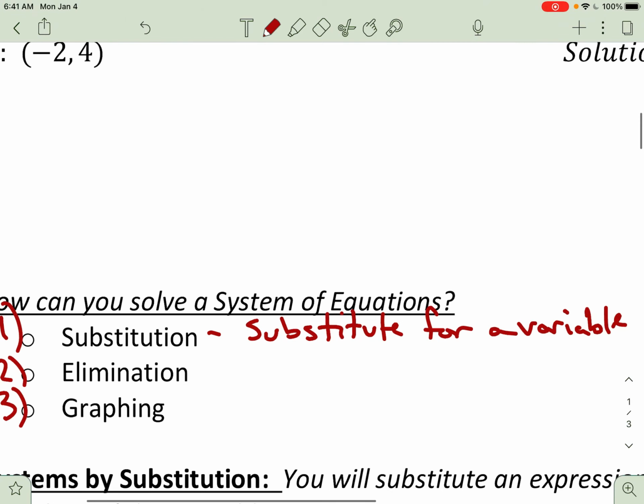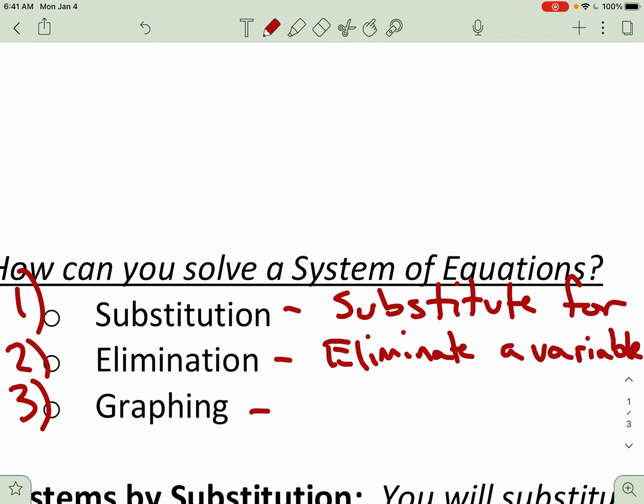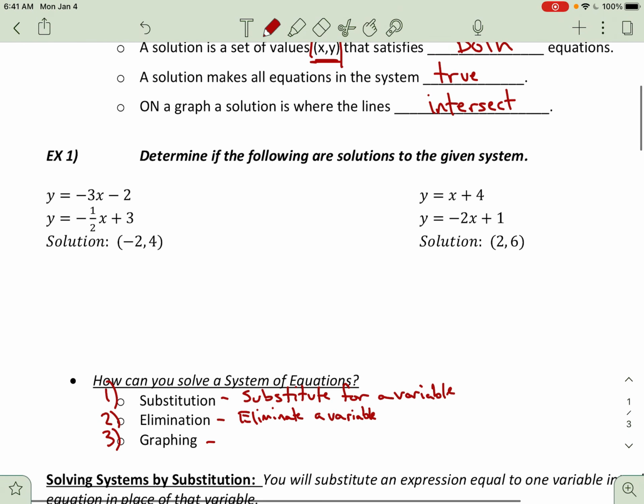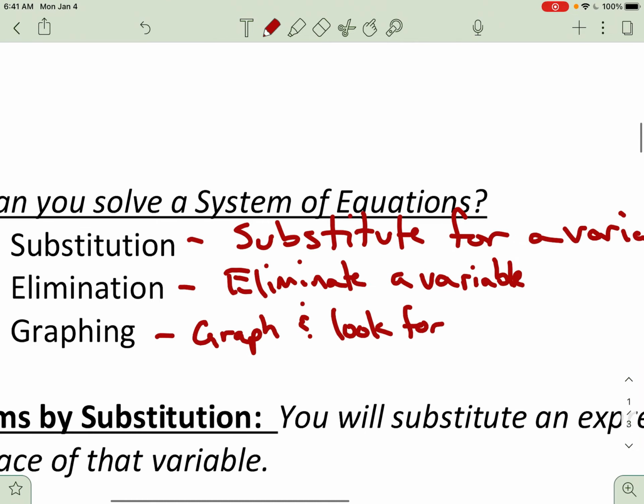And then the second way is elimination, which we'll talk about tomorrow or Wednesday, where you eliminate a variable. And then the last way is graphing, which we just said is where it intersects. So you graph and look for intersection.